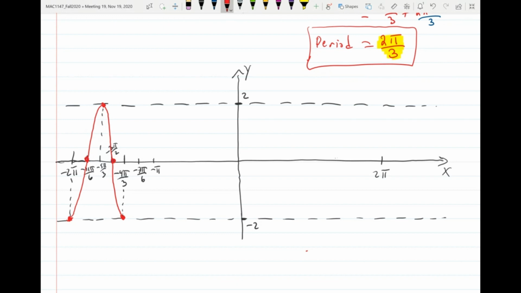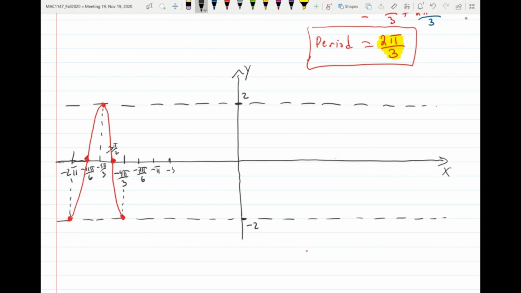But now remember, we should draw several cycles. So let's draw a couple more cycles so that we can figure out what's going on. So now we keep on going to the right, but once we have the main cycle, all we have to do is repeat the picture. Let us just make sure that we have 4 more intervals. So that's why I was writing the extra numbers. So negative 7 pi over 6, negative pi. Now we keep increasing by pi over 6. So remember, negative 6 pi over 6, that's negative pi.